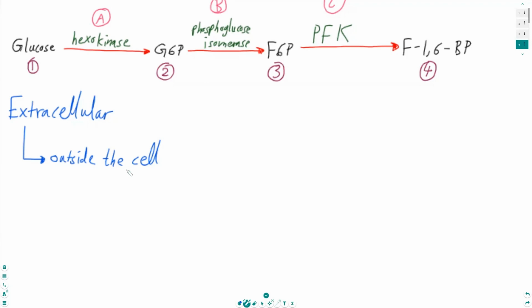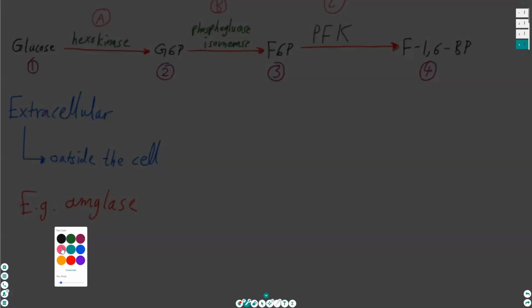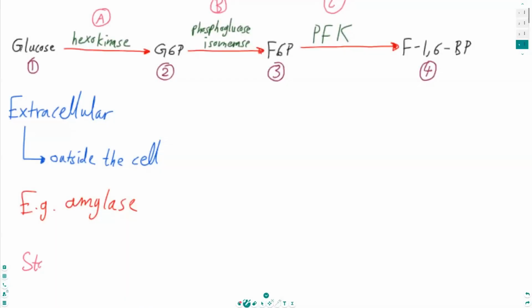Also, there are extracellular enzymes in the human body. For instance, amylase. Amylase converts starch or carbohydrates into glucose, and this is an extracellular enzyme.